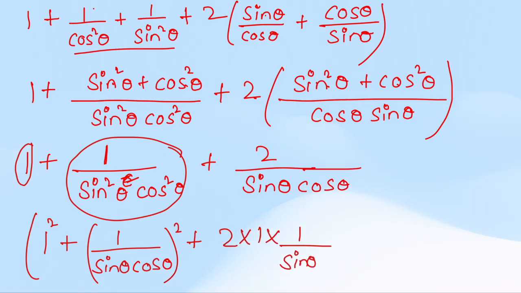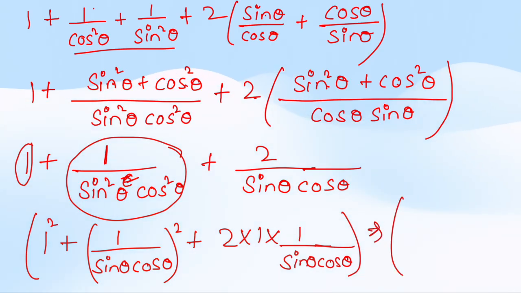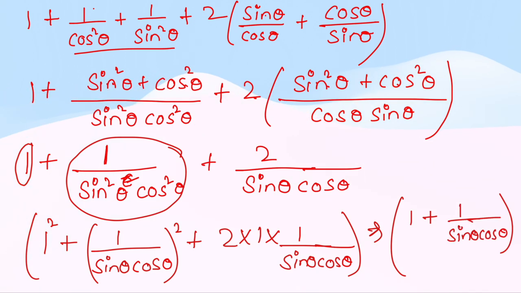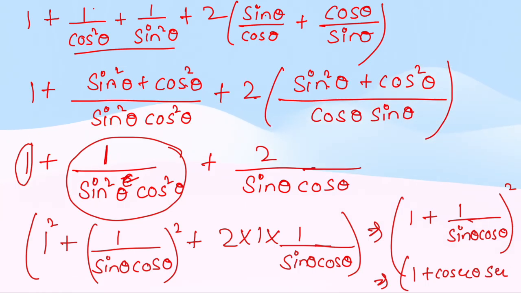Yes or no? Isn't it the formula now? a square plus b square plus 2 into a into b equals a plus b the whole square, means 1 plus 1 by sine theta cos theta, the whole square. Okay, 1 by sine theta is cosec theta, and 1 by cos theta is sec theta, and that is your RHS.